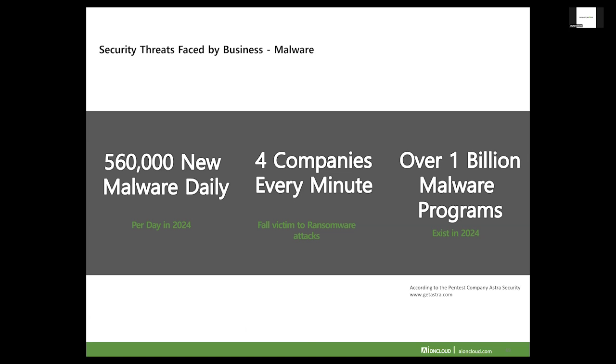The internet is becoming an increasingly malicious place every day. As you can see here, more than 500,000 new malware are detected daily. 4 companies every minute become victims of ransomware. And the world now has over 1 billion malware programs. How does your organization plan on protecting itself?